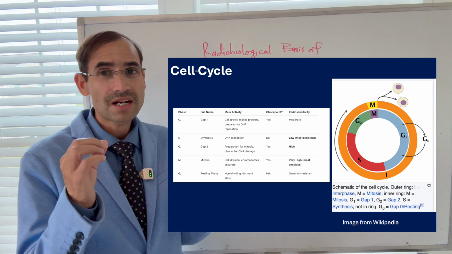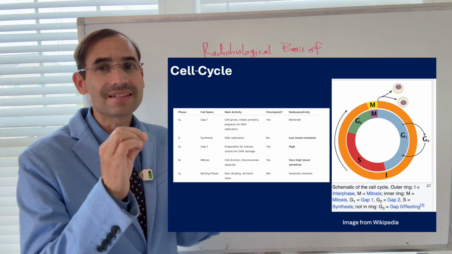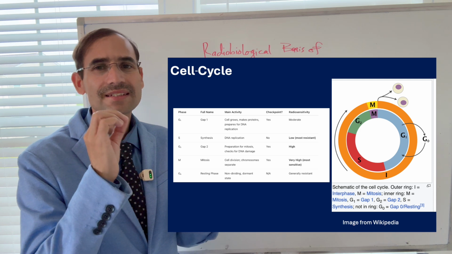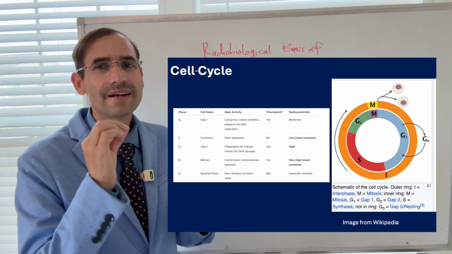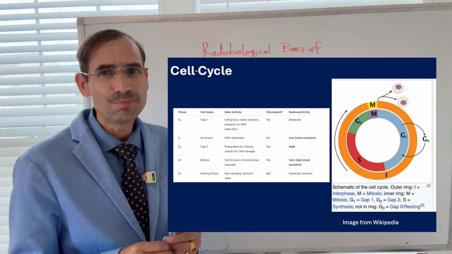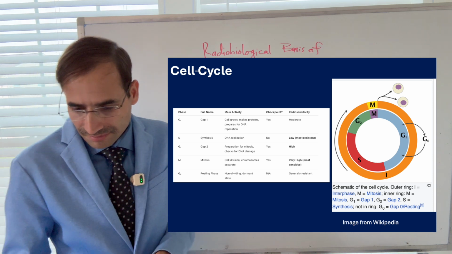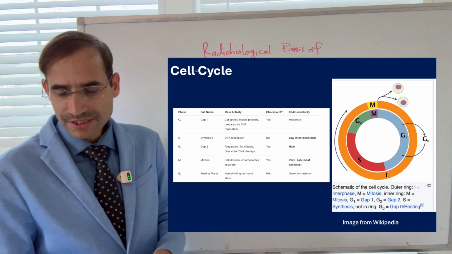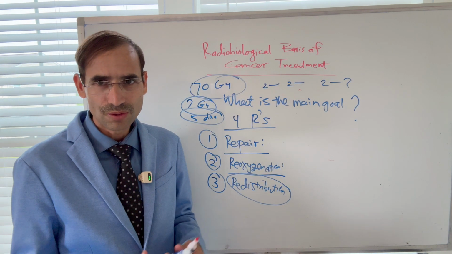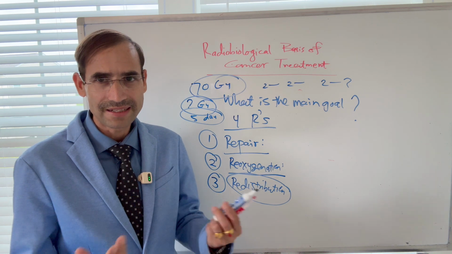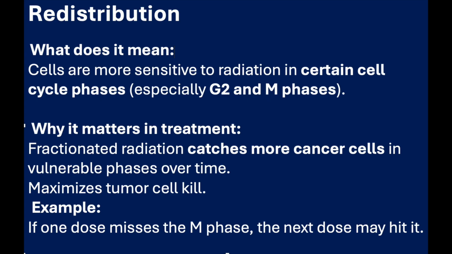So we try to hit the DNA in the phase in which the radiation sensitivity is very high. Some phases are more sensitive to radiation, so we want to know about these phases so that we can hit and kill the cancer. So redistribution is another principle we use when we treat the cancer using radiation.